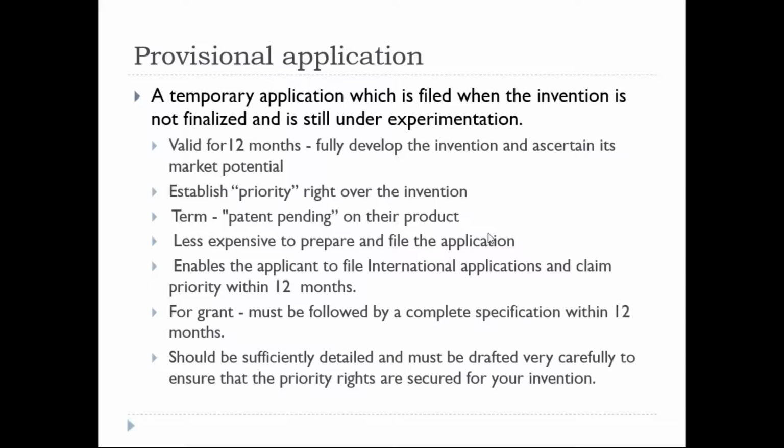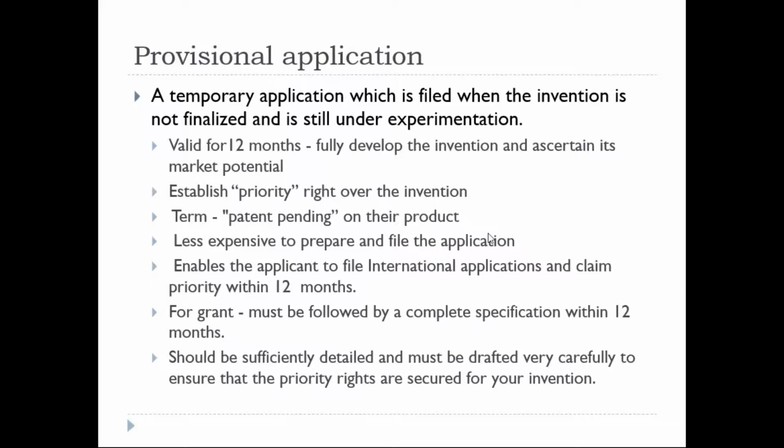That's it, right? And one more thing which you need to understand here is this is valid for 12 months and it doesn't have publication, right? I told about 3 stages: patent filing, patent publishing, and patent granting, right? This says about only one parameter, that is to take it to the next level, valid for a shorter duration only, right?